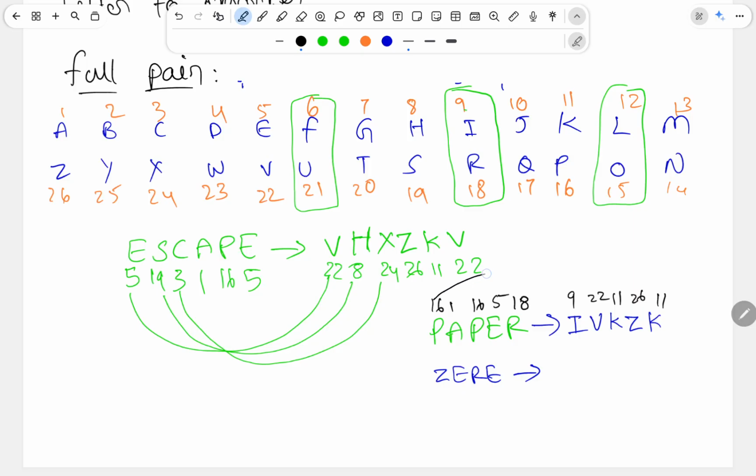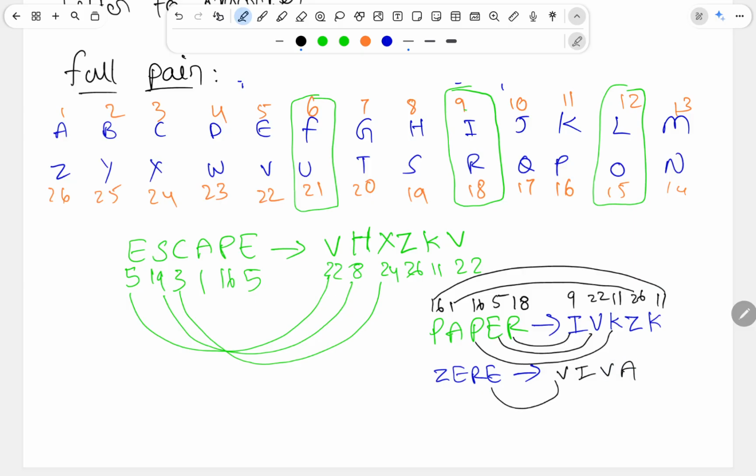Now see, 11 and 16, yes, 27. Then 1 and 26, 27. 16 to 11, 27. So in the reverse order they wrote. So Z means first E comes. E is 5, so 22 means V. R is 18, so I. Then E, again V. So Z, so A. So this is how we are coding. It is called full pair.